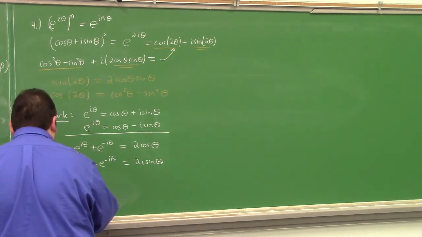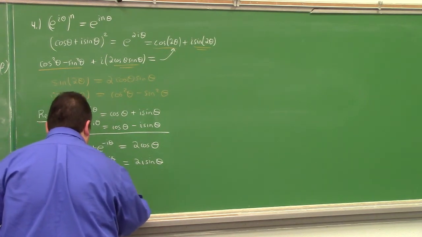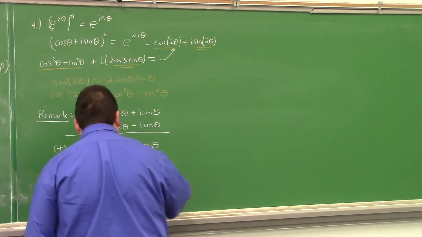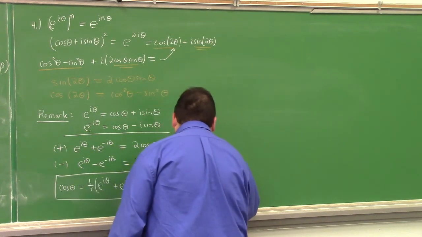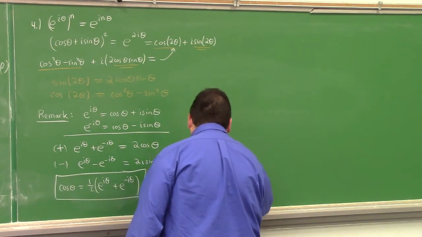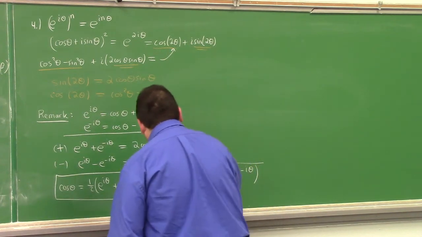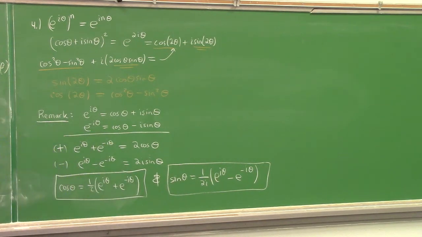I get cosine theta is 1/2 times e to the i theta plus e to the minus i theta. And sine theta is 1/2i times e to the i theta minus e to the minus i theta. You can use these formulas and the properties of the imaginary exponential to derive a good chunk of what we memorize in trigonometry.